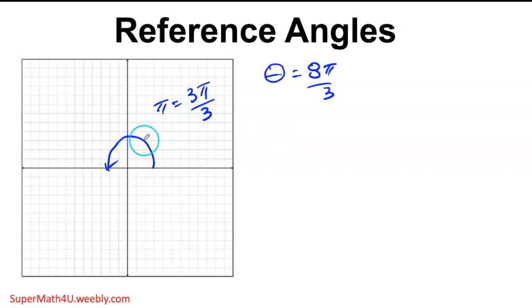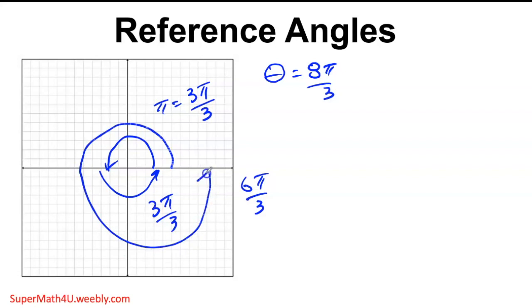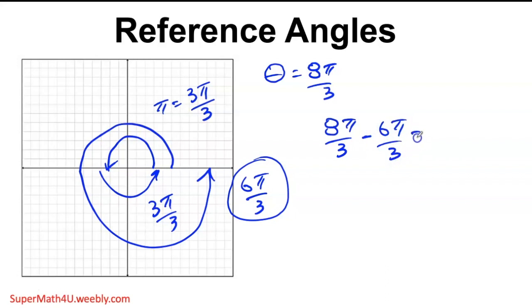So 3 pi over 3 and 3 pi over 3 gives me 6 pi over 3. And I have 8, so I have to do 8 pi over 3 minus 6 pi over 3, which gives me 2 pi over 3. So my resultant angle is 2 pi over 3.